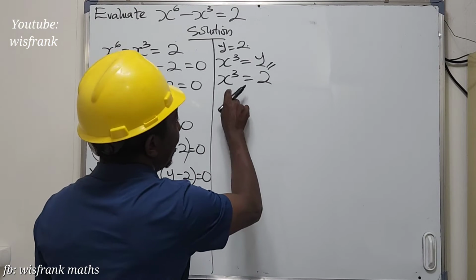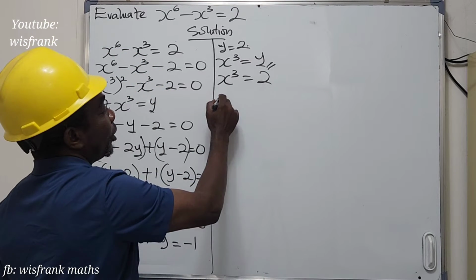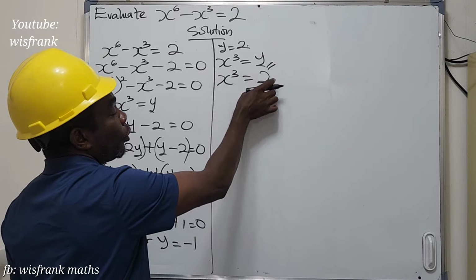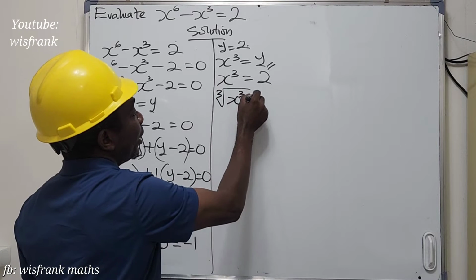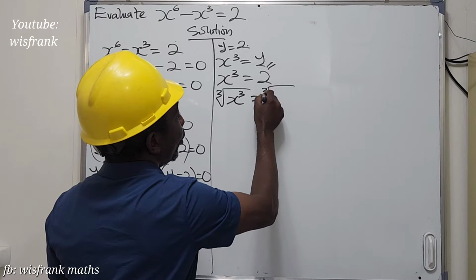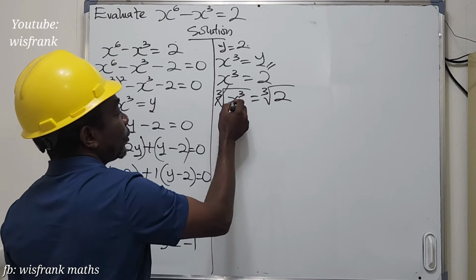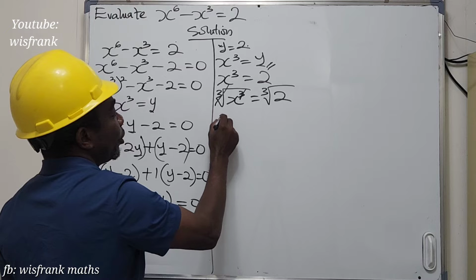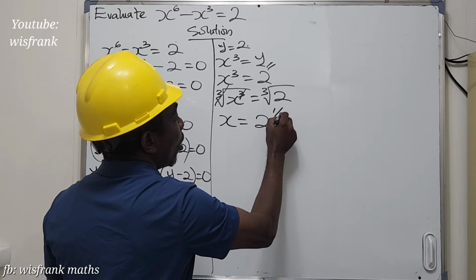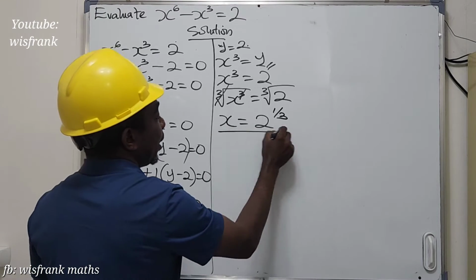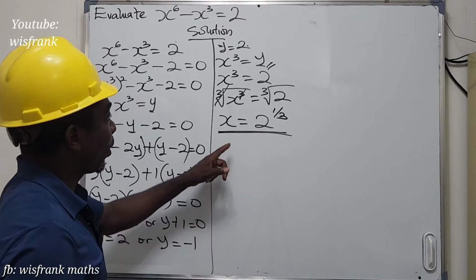And for us to find the value of x in this expression, we are going to find the cube root of both sides. So it's going to be the cube root of x to the power of 3 equals the cube root of 2. The 3 will cancel the cube root. So we have x equals 2 to the power of 1 over 3. So this is the first value of x that we have.